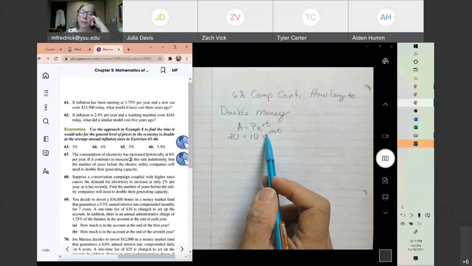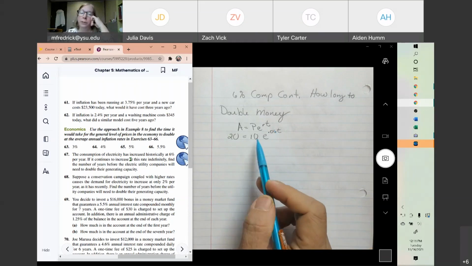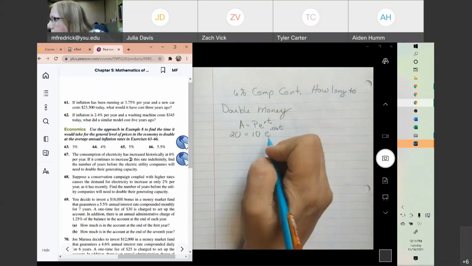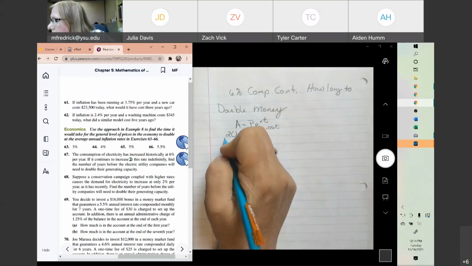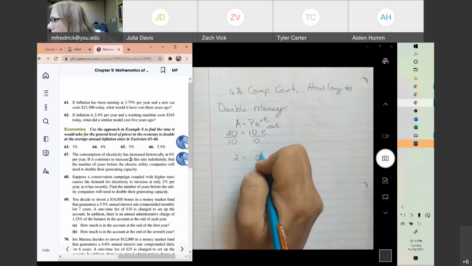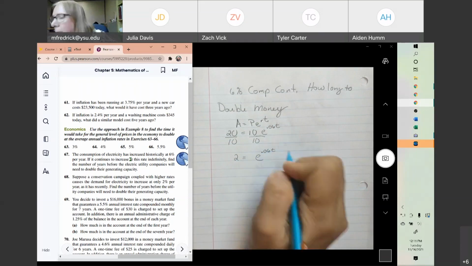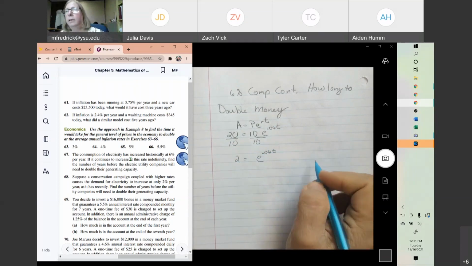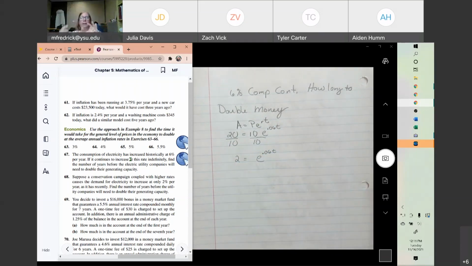To solve this, get the e by itself first. So divide by 10. Now, when we took the natural log in the last problem, that allowed us to bring the exponent down because that's a rule of natural logs.